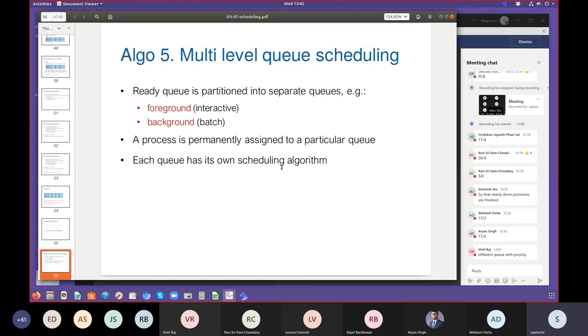Let's say one queue for the interactive or foreground processes, another queue for the background or batch processes. A process is permanently assigned to a particular queue depending on the type of process it is. And each queue has its own scheduling algorithm, because the designers understand that foreground or interactive processes may have different requirements than background or batch processes.